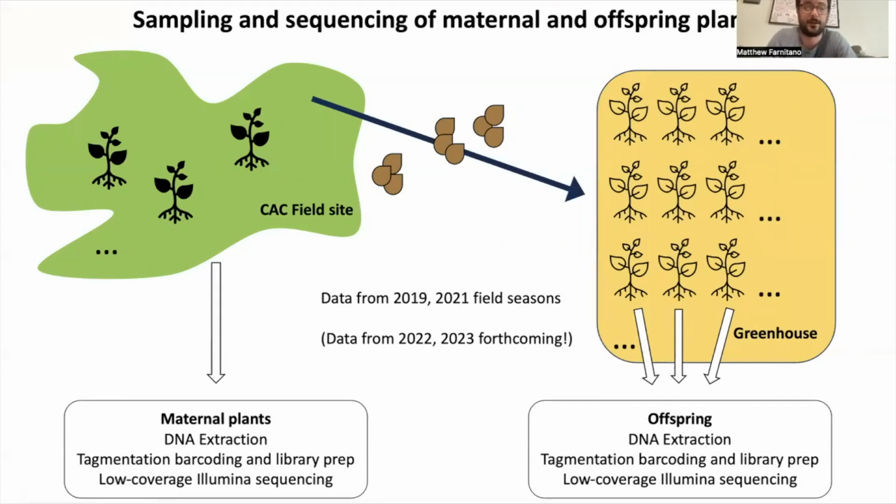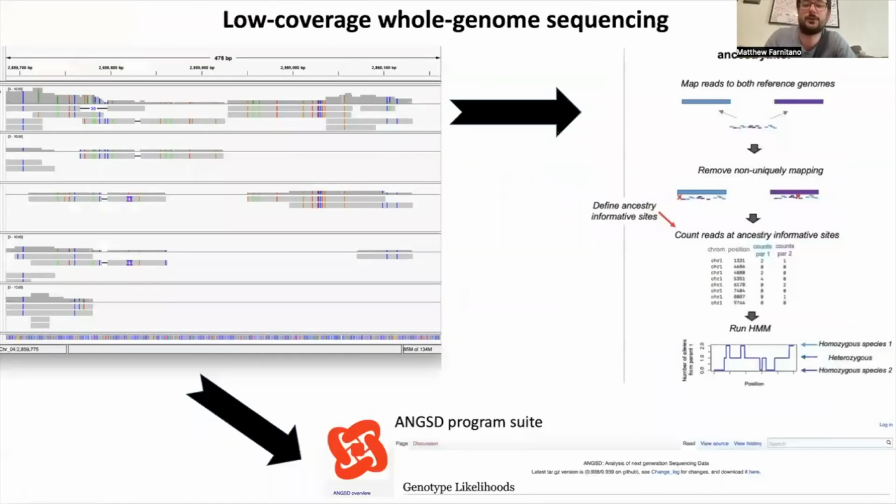And we used this low coverage Illumina sequencing approach, which has the benefit of sequencing lots of individuals at relatively low cost. But there is some missing data because when you sequence individuals at low coverage, you're going to miss out on certain genotypes for certain individuals.